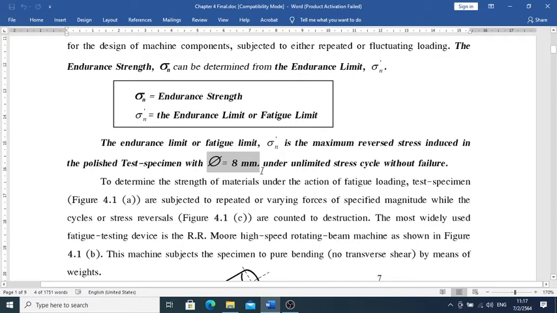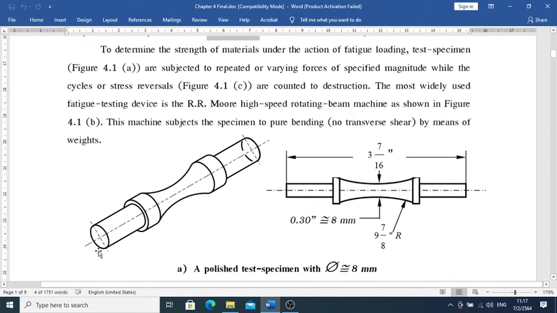So in order to obtain sigma n prime, we have to make a test specimen that looks like this, in three-dimensional form, and then in two-dimensional form with the 8 millimeter diameter looking like that.